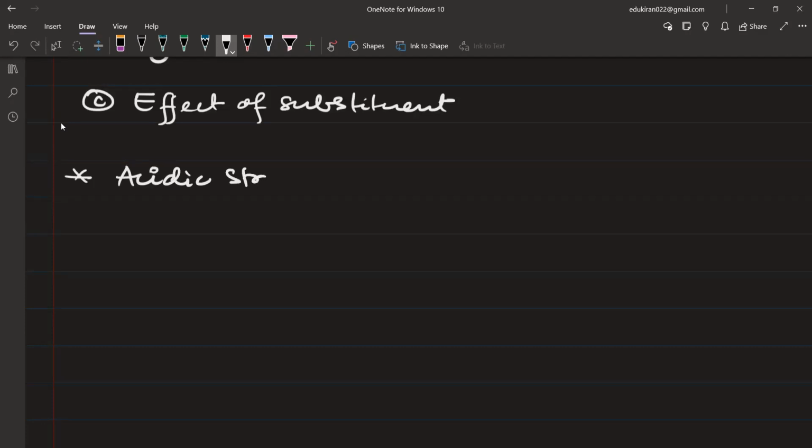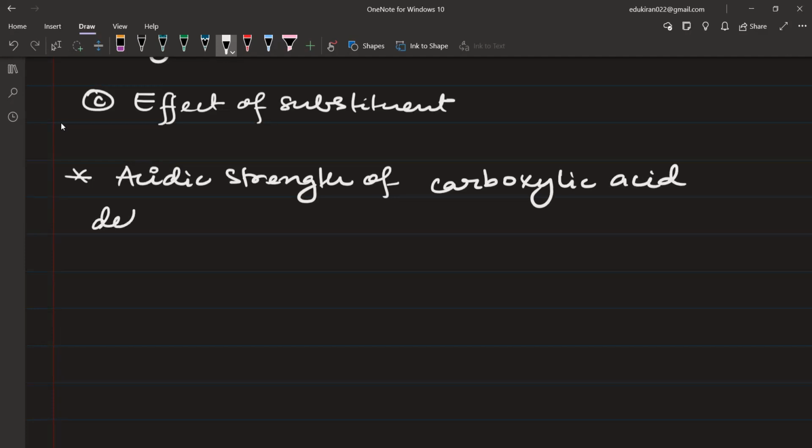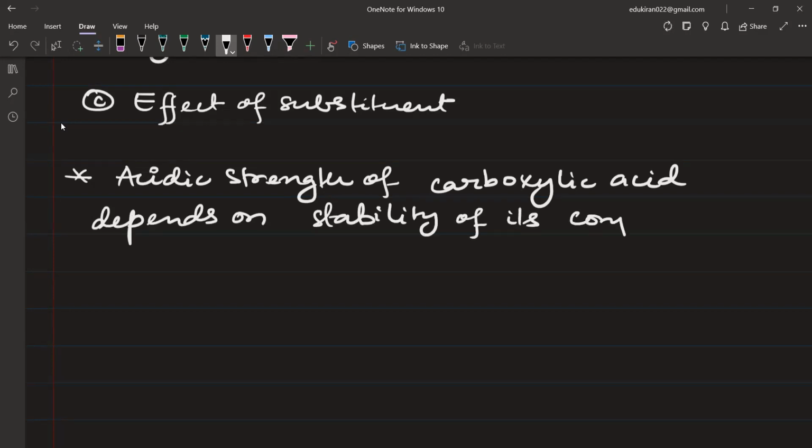Acidic strength of carboxylic acid depends on stability of its conjugate base, that is carboxylate ion.